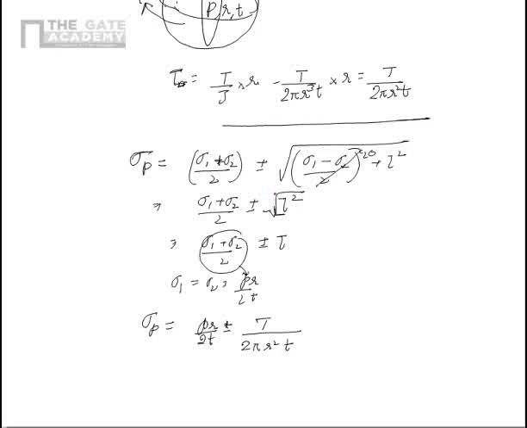It has been seen that GATE almost always has at least one or two questions from this chapter, so it's like a given. So please study this chapter very well, especially keep in mind how to get the principal stresses for each case.